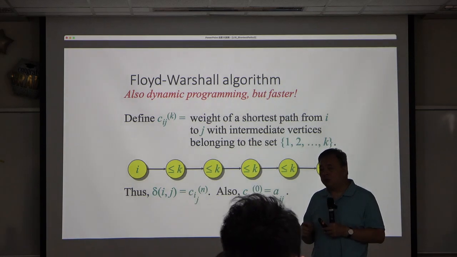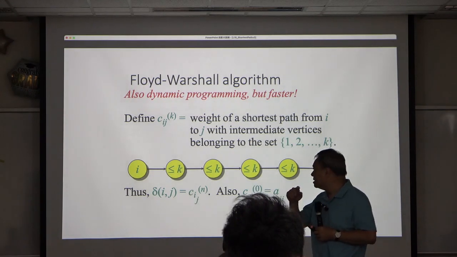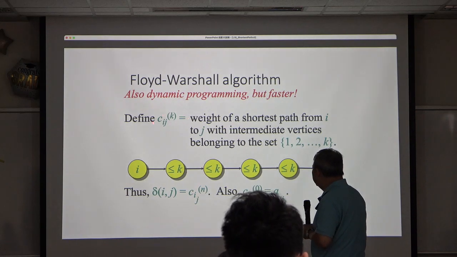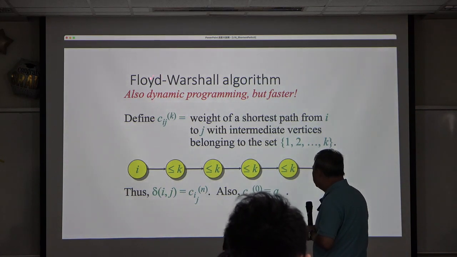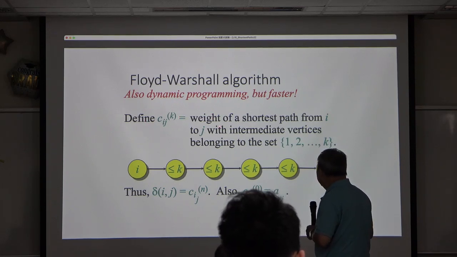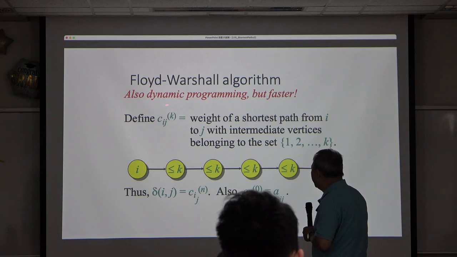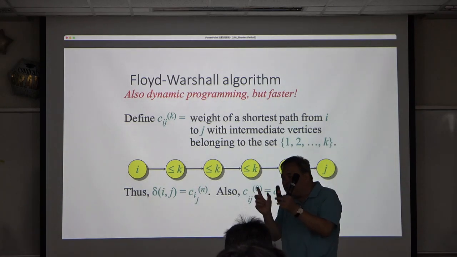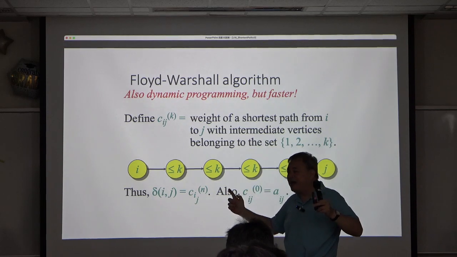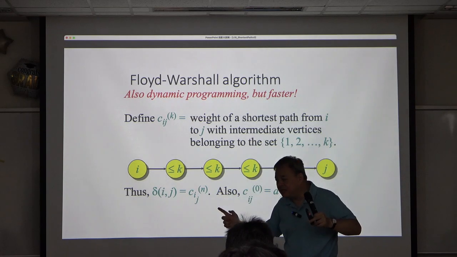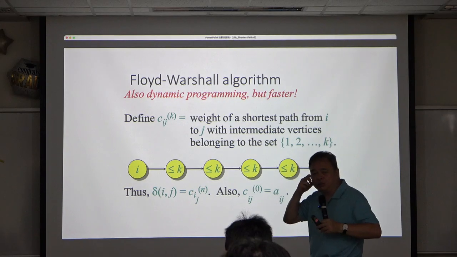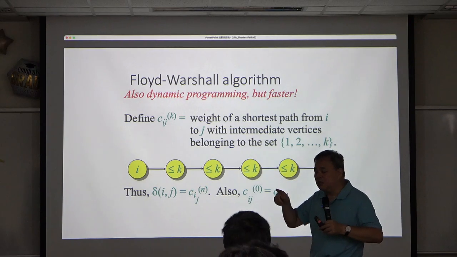We try to define this Cijk differently. Originally, in Cij m, that m represents the length of the path that we considered, right? But now that k in Cijk represents something a little bit special.